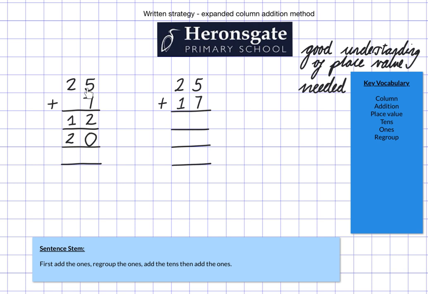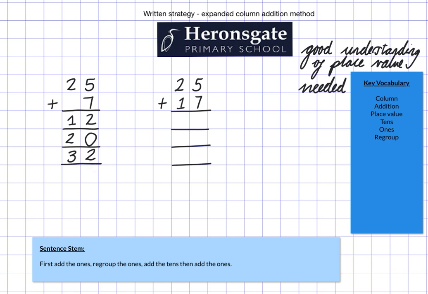Now that I've added my ones and then I've added my tens, I'm now going to go back and see each layer that we've done, and add those back together to get the final answer. So I can see I have 2 ones and 0 ones, so that makes 2. And then I have 1 ten and 2 tens, so that makes 3 tens. 3 tens is 30, so the answer is 32.